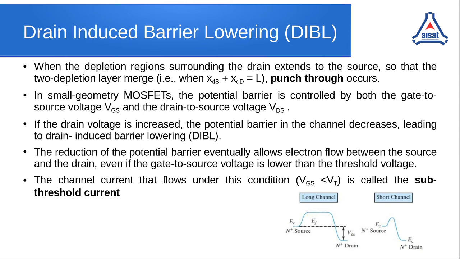If you remember earlier, we had to have VGS greater than VT for the current to flow. Now, due to the merger of the depletion layer, this happens before the VGS becomes greater than VT. This current is called the sub-threshold current.